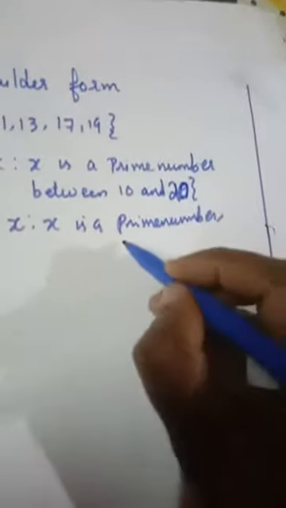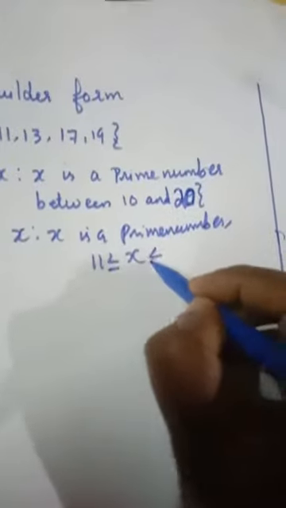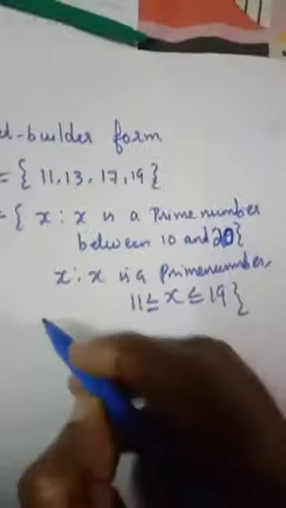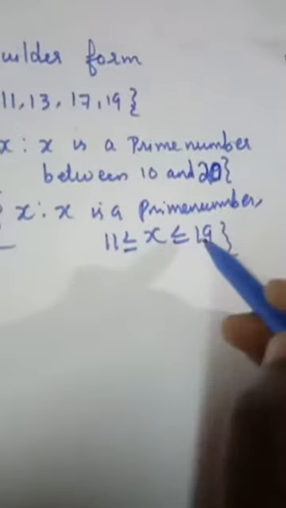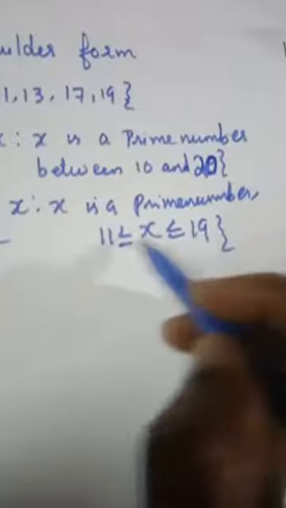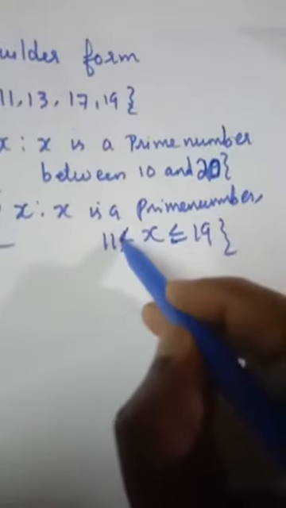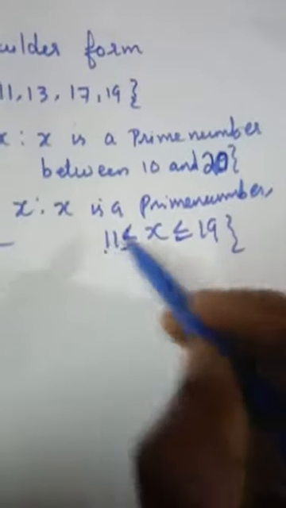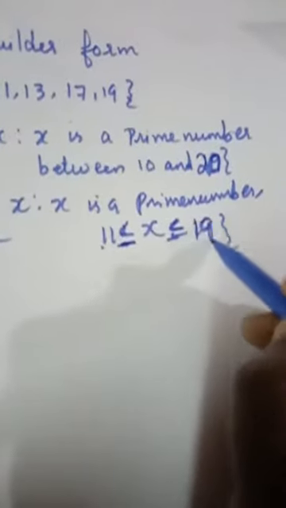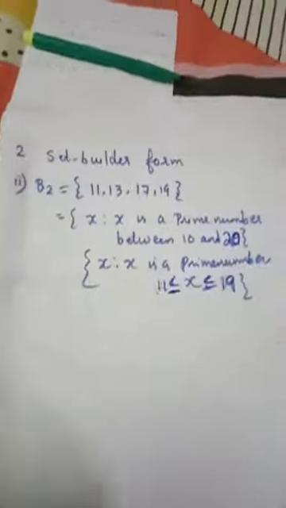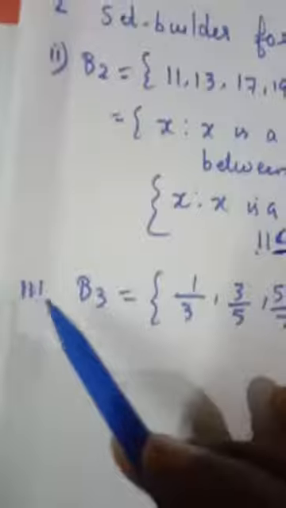That means between 11 and 19, including 11 and 19. Less than or equal to means starting from 11, and here 19 means up to 19. 19 is included.